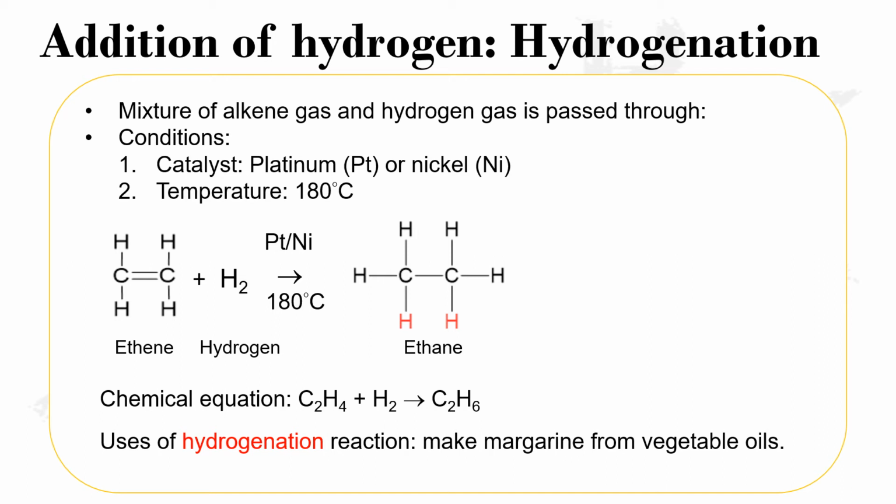So you will get ethane. Either you leave your chemical equation in the word form or the structural form, but you also need to write the catalyst and the temperature at the arrow sign. A further use of hydrogenation is to make margarine from vegetable oils.